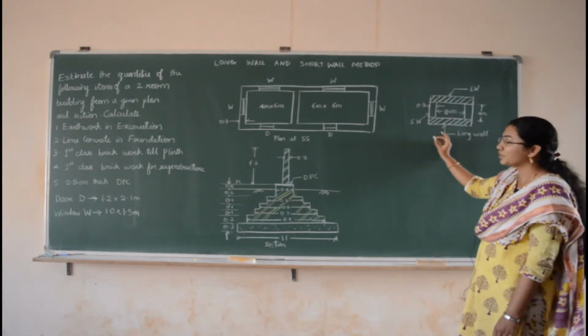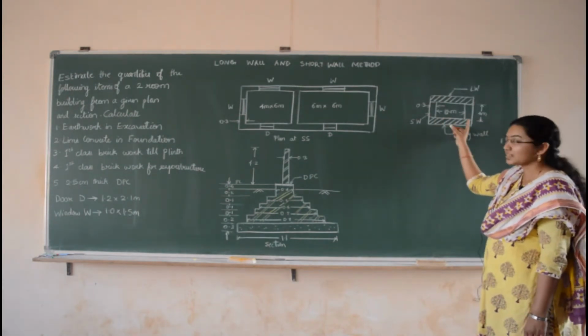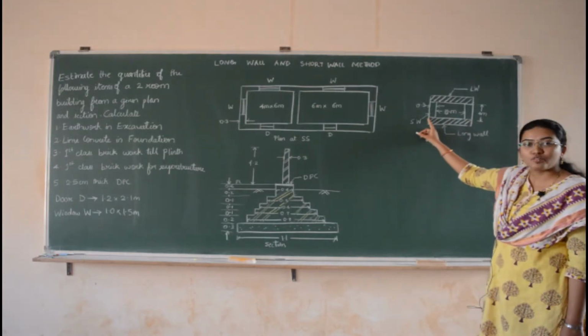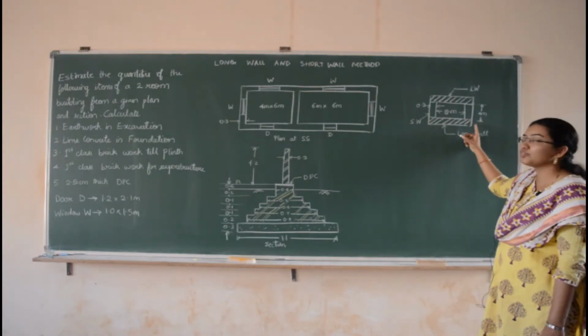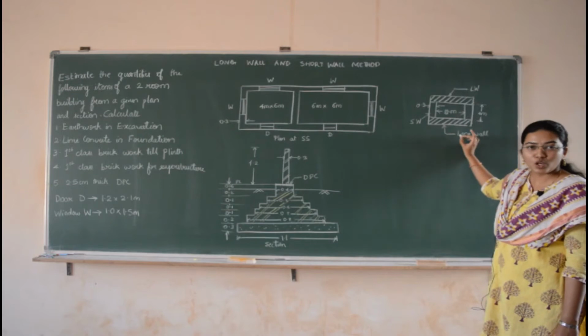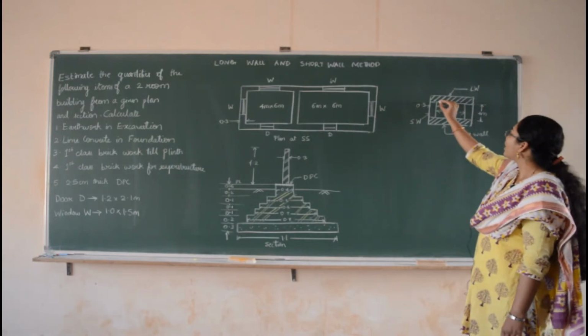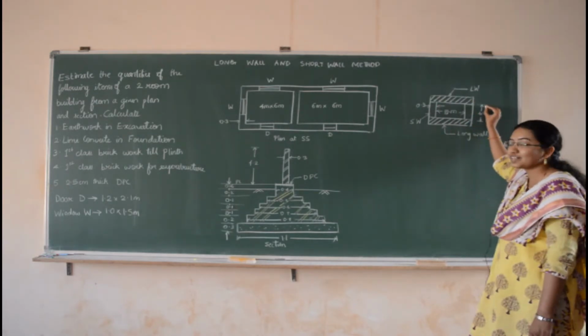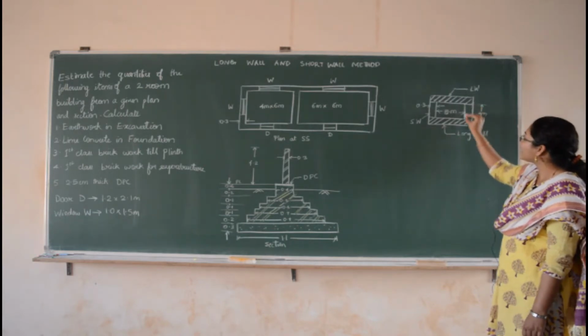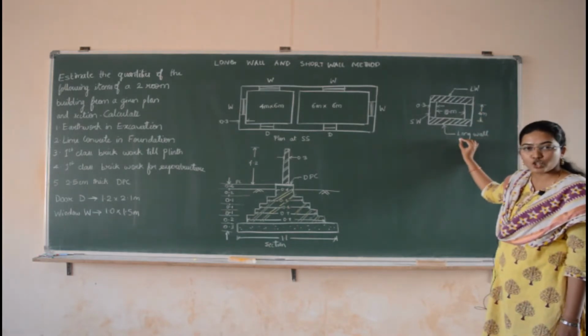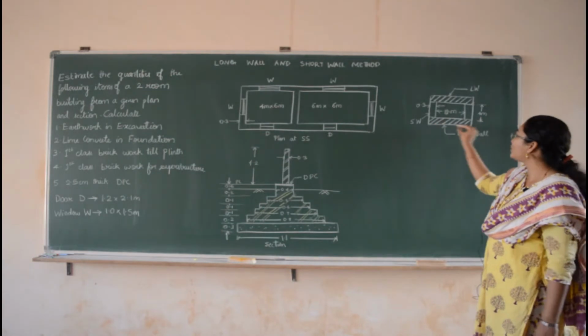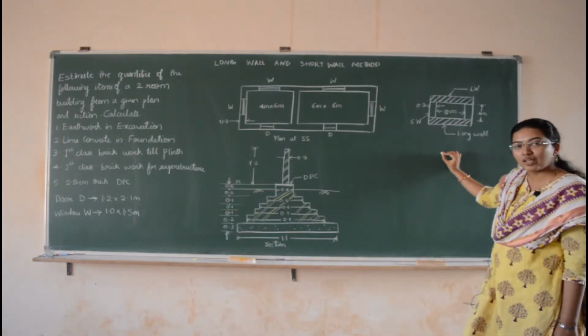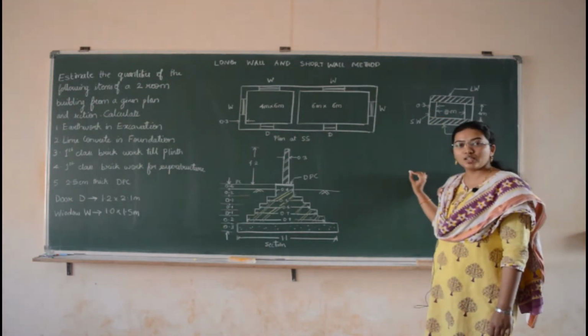When I am seeing over here, the 5 meter distance plus the width of one wall and plus the width of the other side will be my long wall. Similarly for this side, when I consider the short wall, only the inside dimensions will be the short wall. So out to out dimensions are the long wall, in to in dimensions are the short walls.